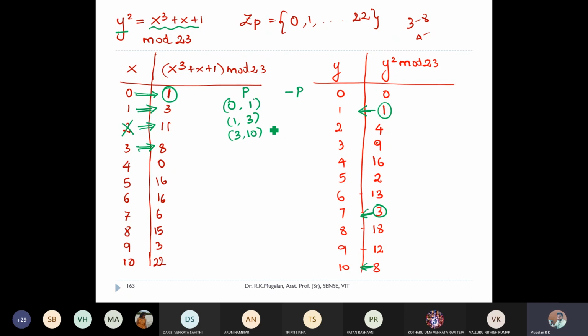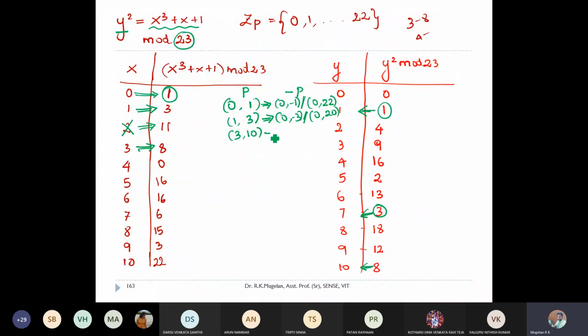Right. Now, whenever you find the point P, parallelly go with the negative side of P. That is 0, minus 1. If I convert this minus 1 into a non-negative value, I will make it 0, 22, that is minus 1 plus 23. Similarly, if you convert this one, I will be getting 0, minus 3, which will be nothing but 0, 20.